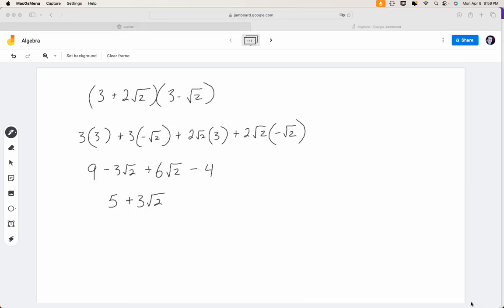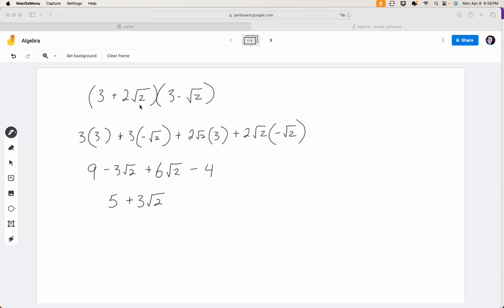All right. For this problem, we've got a binomial set here. So we are going to multiply each one in the first times each one in the second. So 3 times 3 is 9. And 3 times -square root of 2 is -3 times the square root of 2. All right, 2 times square root of 2 times 3 is 6 times square root of 2.